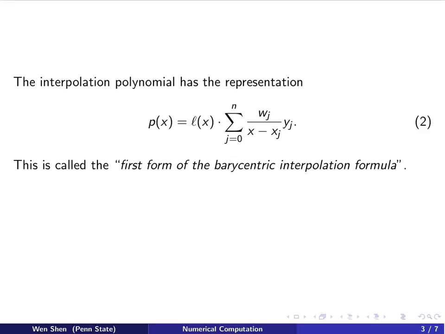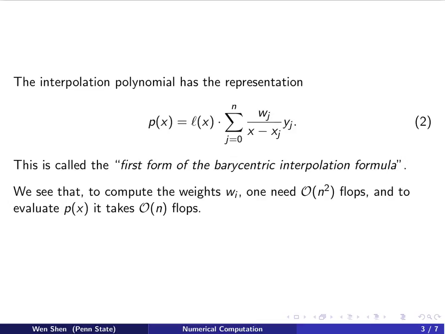And we notice that this L of x appears in every term and does not depend on the index j. Therefore, we can pull this out outside the summation sign. This expression here is called the first form of the barycentric interpolation formula.